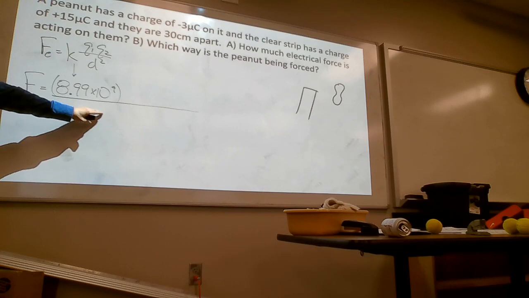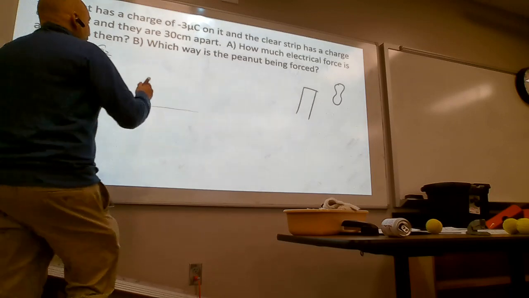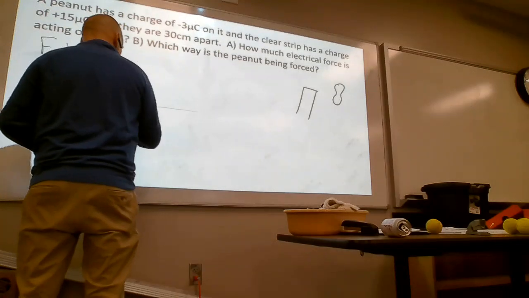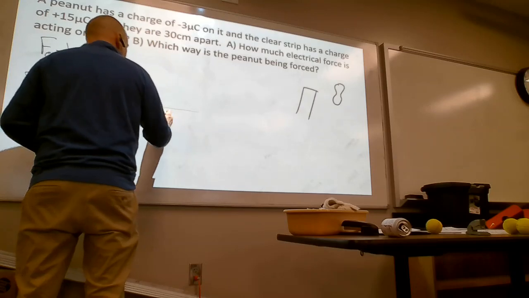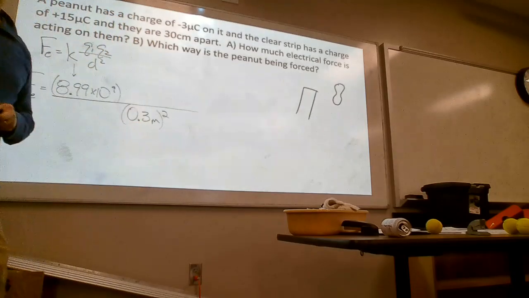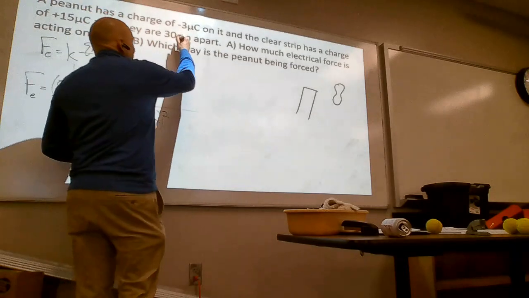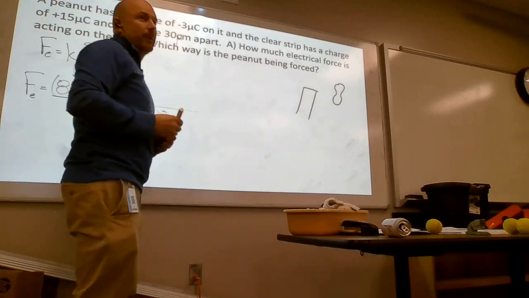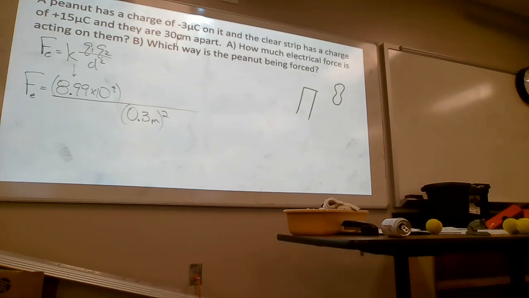Convert to meters. Right? Okay. So I divide by 100. So that's 0.3 meters. Now you square that. Let's pretend instead of 30 centimeters, it was 30 micrometers. I'd still need to convert to meters, right?